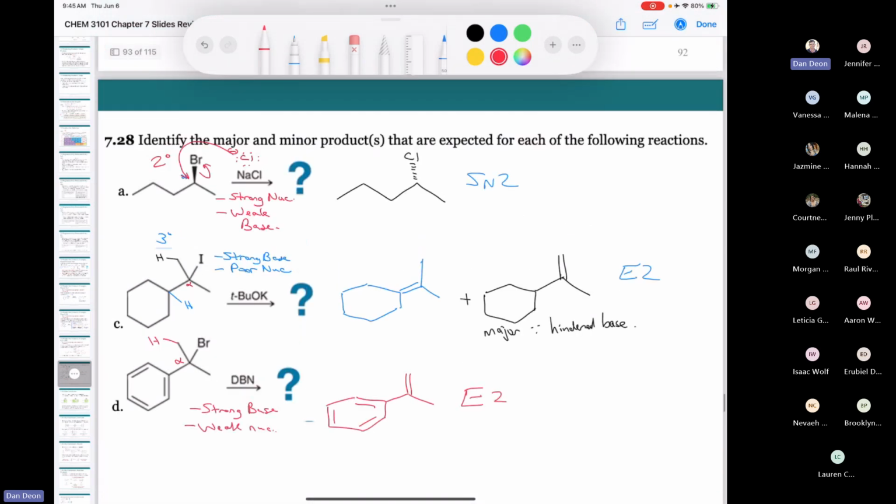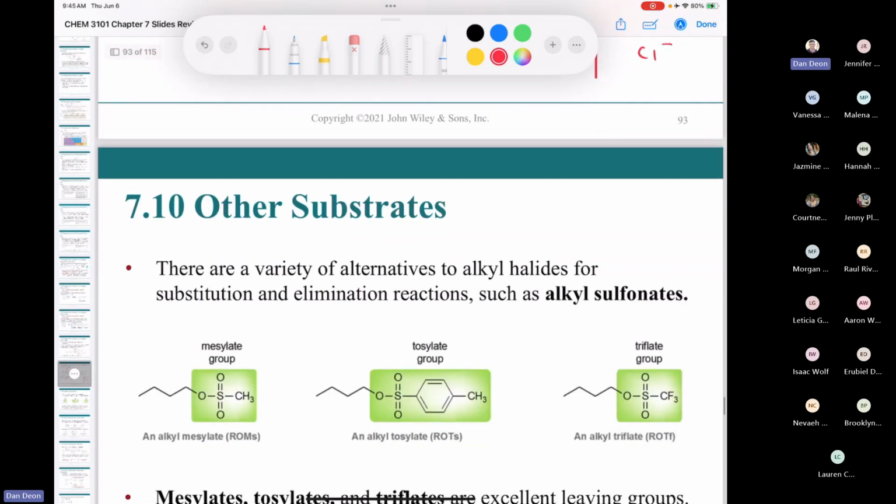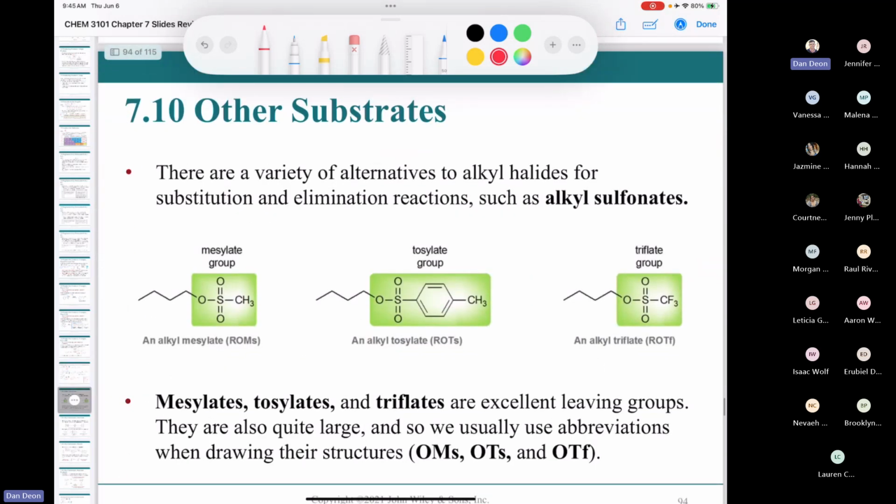I want to show you some information about other substrates because, up to this point in the class, our leaving groups have basically been chloride, iodide, and bromide. Those have really been the major ones that we've seen. But there are plenty of others, like tosylate, mesylate, and triflate.